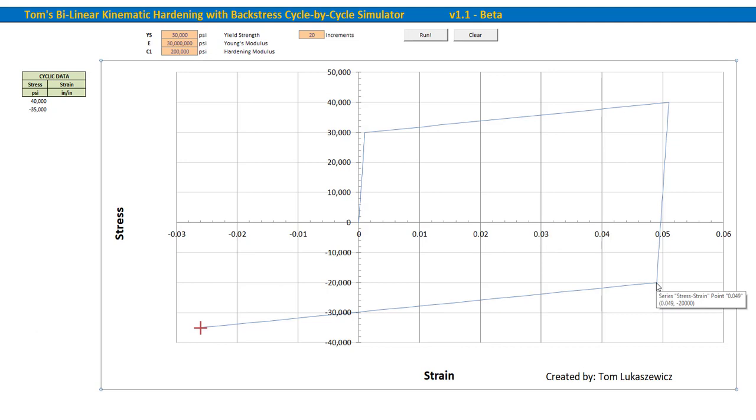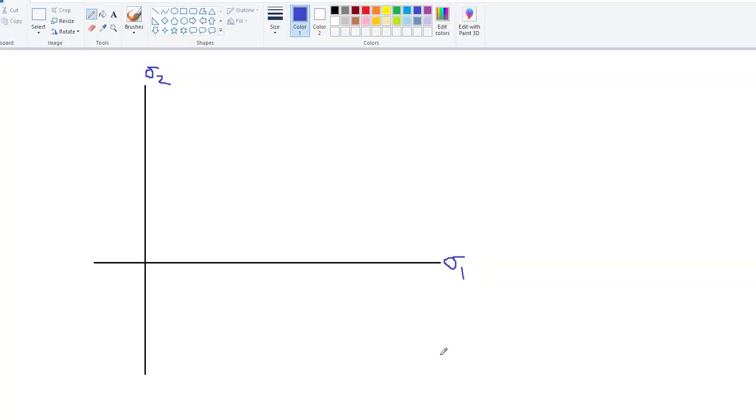So this is a result of the kinematic hardening model, which essentially assumes that there's a translation in the yield surface. So let me just talk about that really quickly here. If you were to imagine the yield surface, you're probably familiar with the typical von Mises ellipse that you would plot.